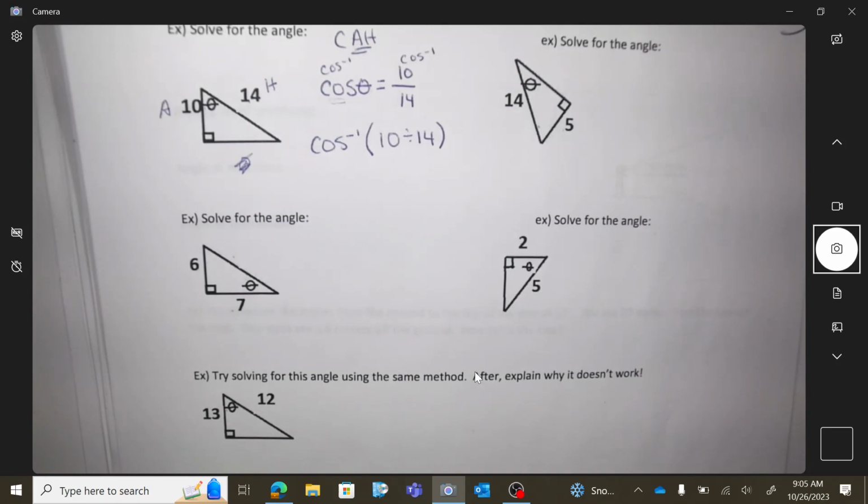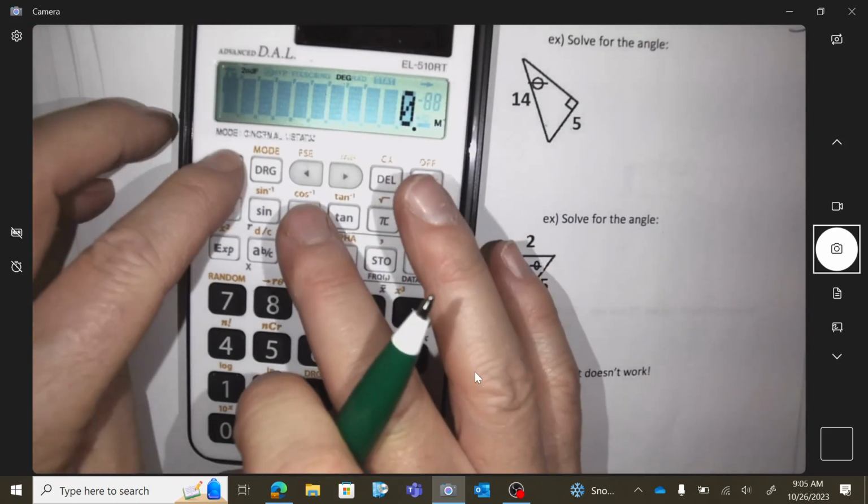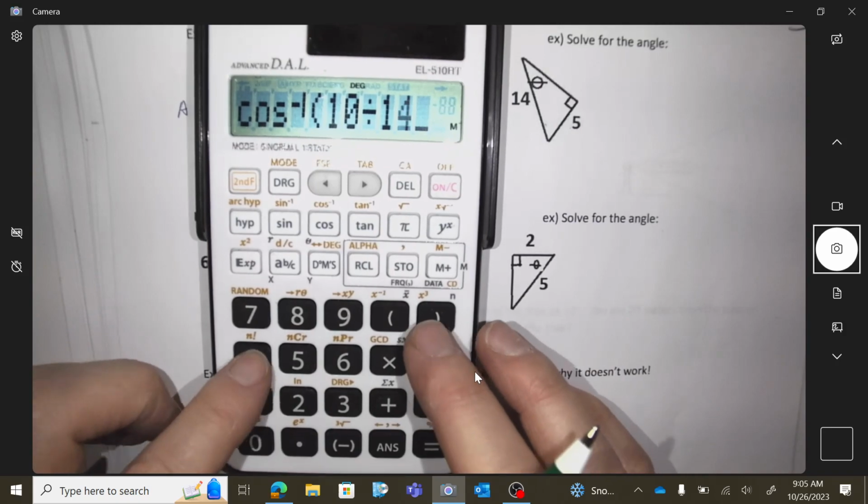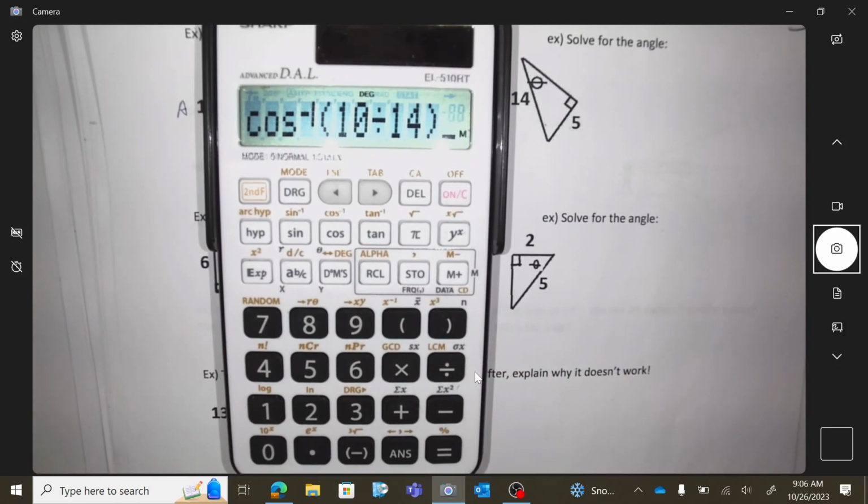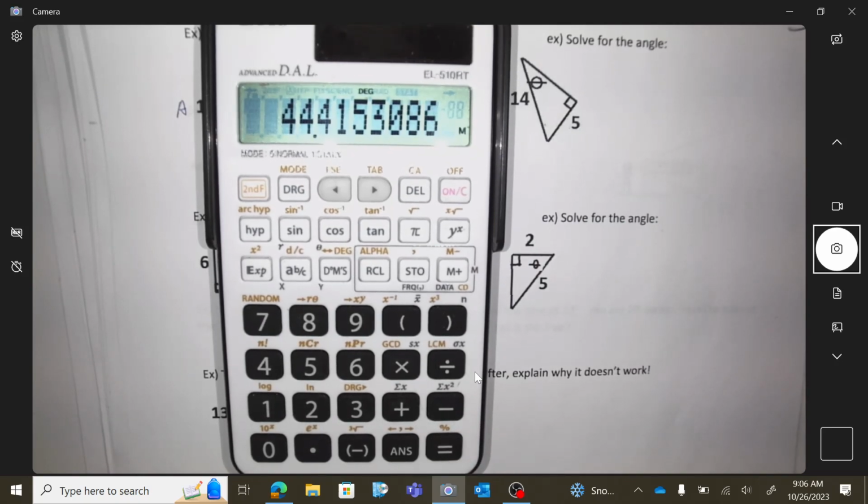That's important because you're trying to cos inverse that fraction. So I need you to insert a bracket around the 10 over 14, the fraction. Everyone's good with how to type that? And you should get 44.4 degrees.